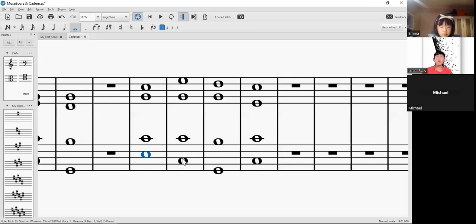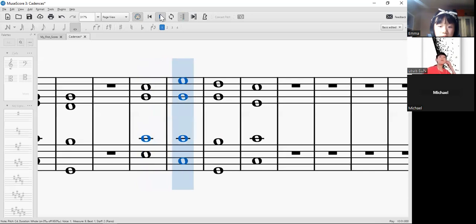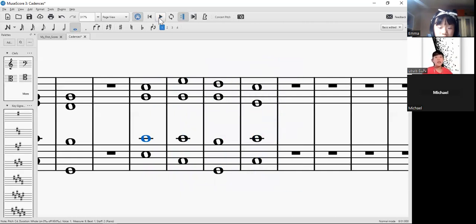Brilliant. 1 5 is an imperfect cadence. That's immediately followed by 5 1, a perfect cadence. Let's listen to it. Cool. So now you know the way to do it.